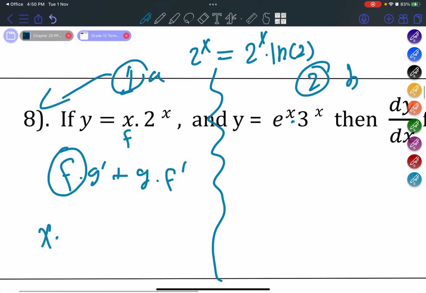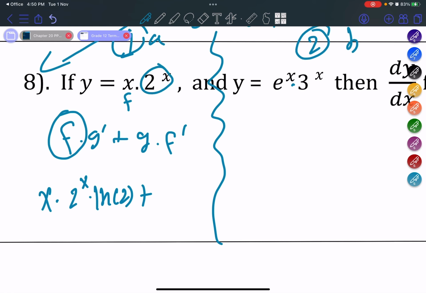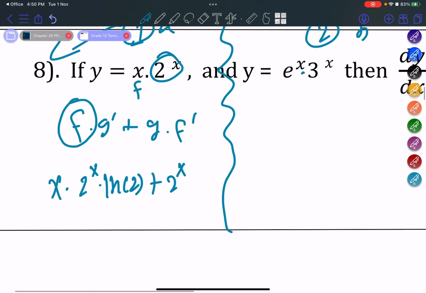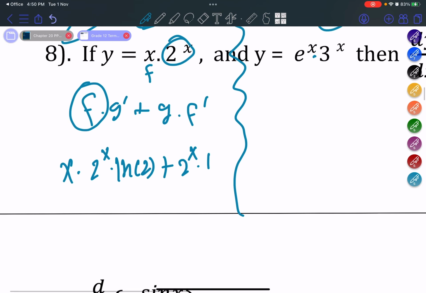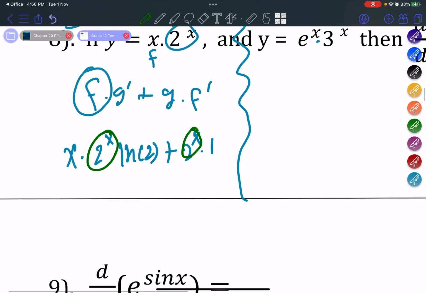So we don't touch the function, but then again times ln 2, plus g, which is 2 power x, times f prime, which is the derivative of x. The derivative of x is a constant, which is 1, so times 1. We usually can leave it like this, but we can simplify it more by taking 2 power x as a common factor.